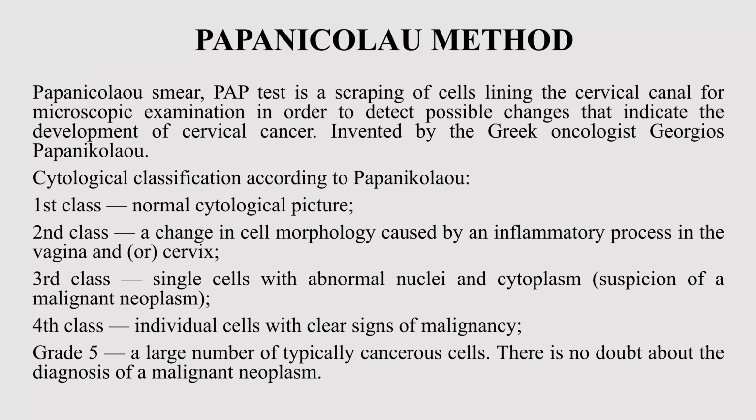Usually, for simplification, it corresponds to benign tumors. The fourth class corresponds to some pre-tumoral disease, and the fifth class or grade is where we can say confidently it's typically cancerous cells. It's a kind of adoption about diagnosis.